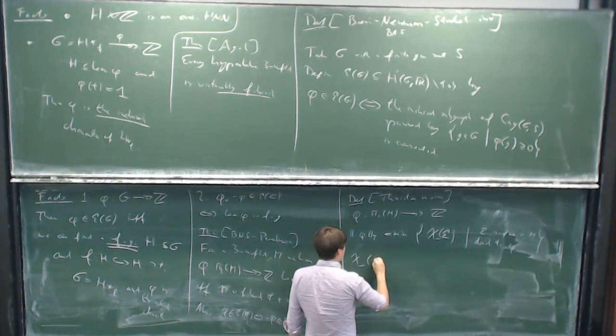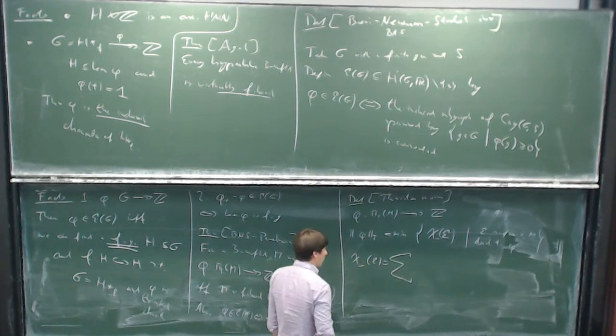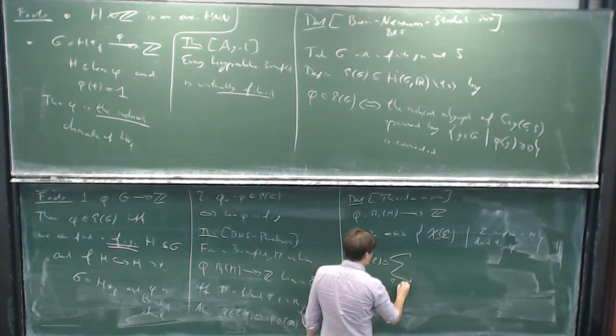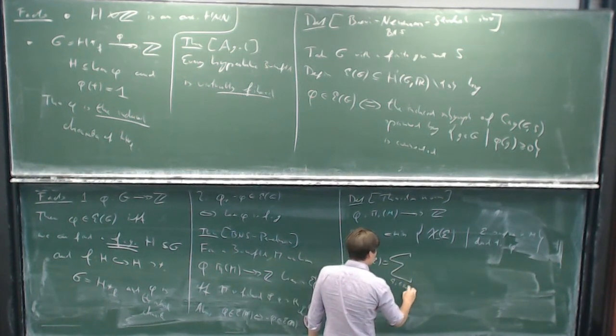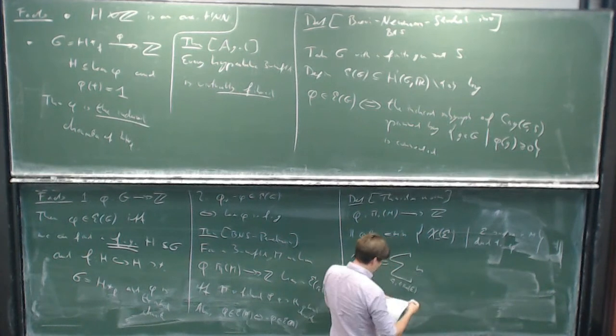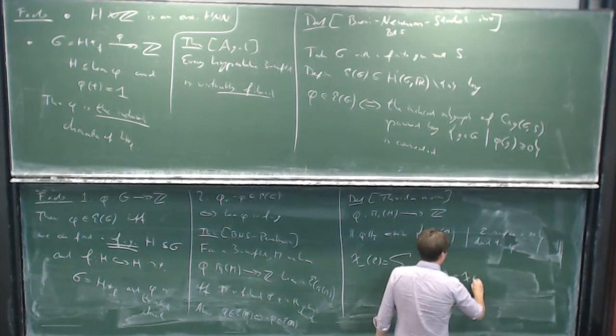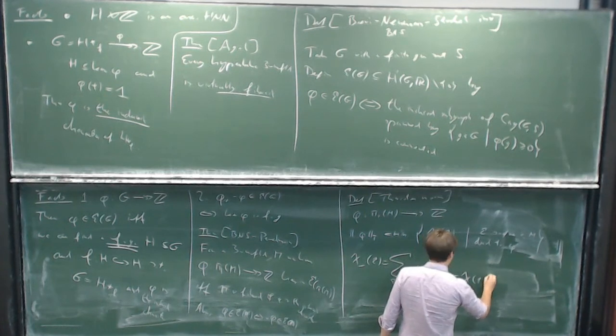So what is this symbol? Chi minus of sigma is a sum over the sigma i's, which are the connected components of sigma, of the max between 0 and minus the usual Euler characteristic of sigma i.